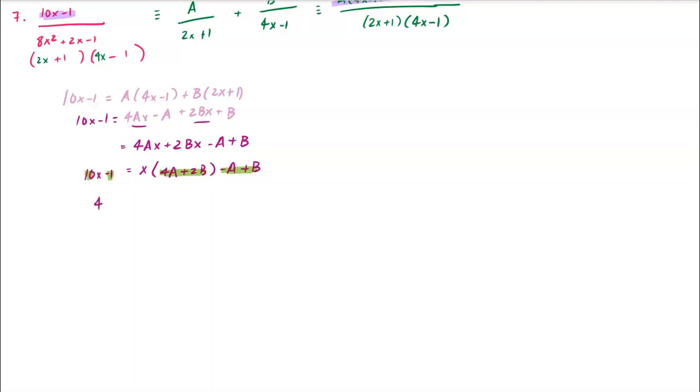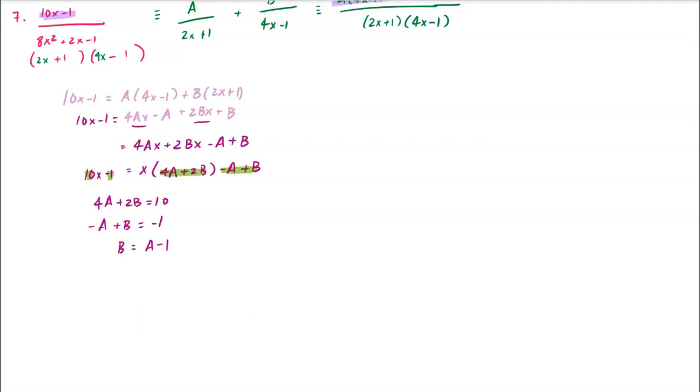Okay, just saying. 4a plus 2b equals 10. And then we have negative a plus b equals negative 1. Should we do substitution or should we stick with elimination? I think I'm going to do b equals a minus 1.